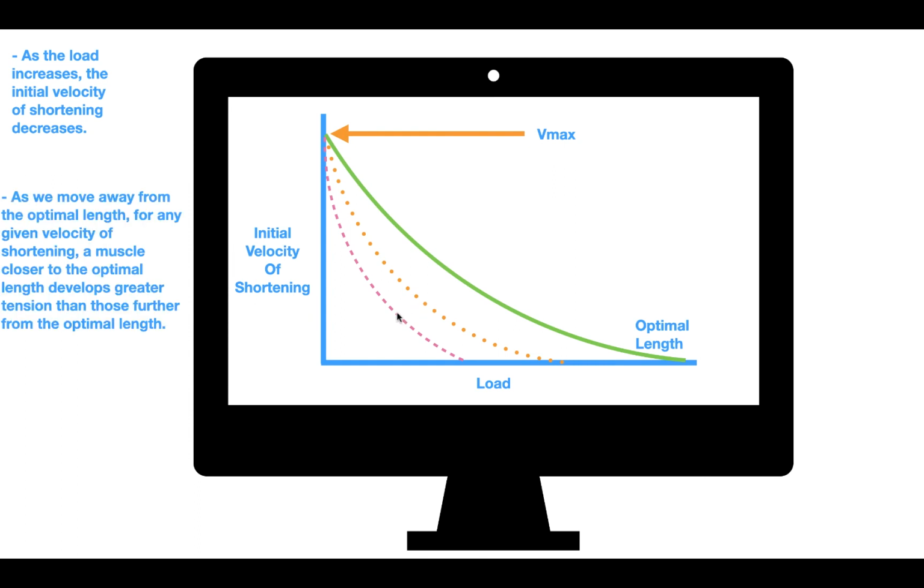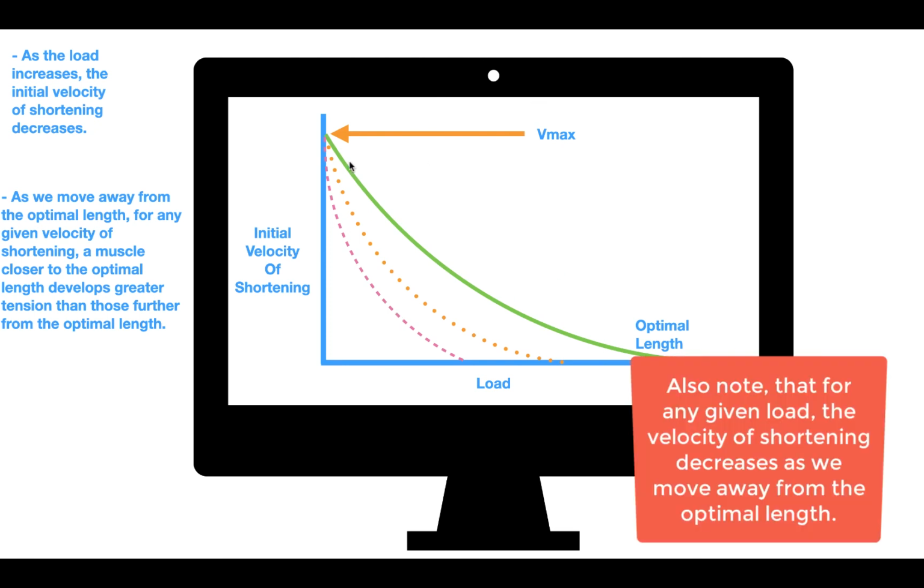And what we see is that as we move away from the optimal length, for any given velocity of shortening, a muscle closer to the optimal length develops a greater tension than those further from the optimal length. So in other words, as you get closer and closer to the muscle's optimal length, the muscle can produce a greater amount of force for any given value of the velocity of shortening.